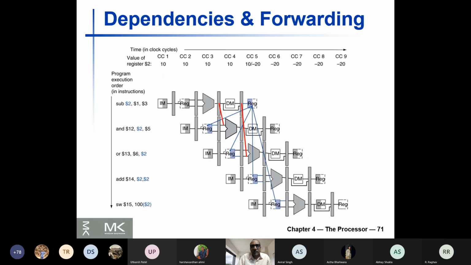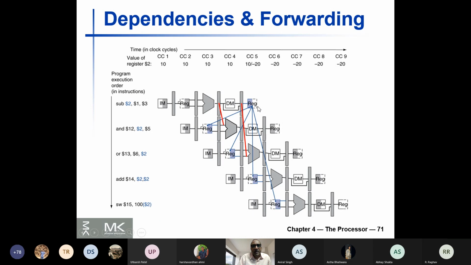In this diagram the data paths are arranged in a time aligned fashion. These are the sequence of instructions we showed earlier, and this is the timeline, clock cycle 1 and so on. Assume that register 2 initially contains the value 10, and the subtraction operation will change this value to minus 20, but the change takes place only in clock cycle 5.